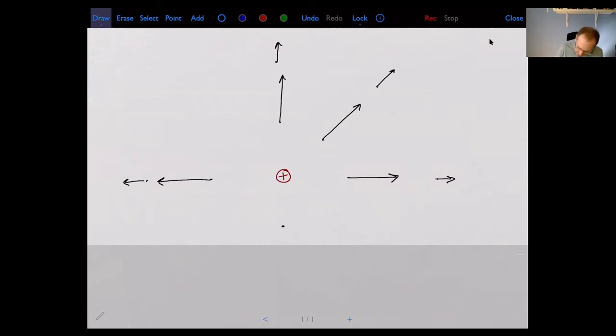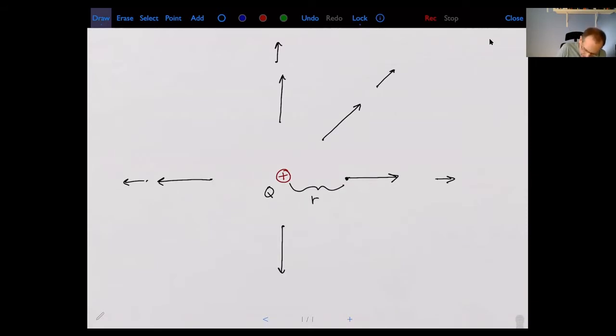Okay, and of course I'm only drawing a few of these, right? Obviously, you can have electric field at all points in space around that particular point charge. Okay, so if this is the charge Q, let's say we want to calculate the electric field right there. This is the distance from the charge to the location at which we want to compute the electric field.